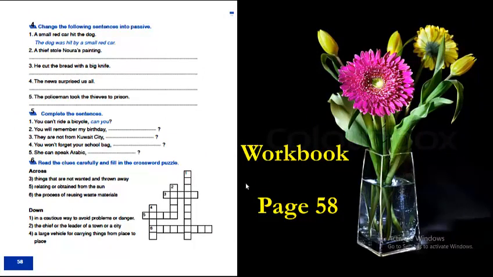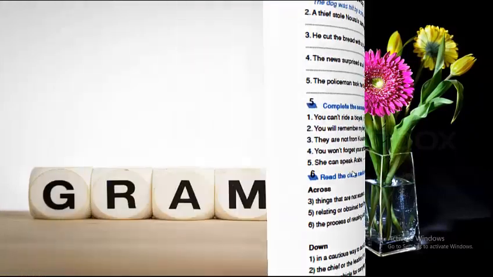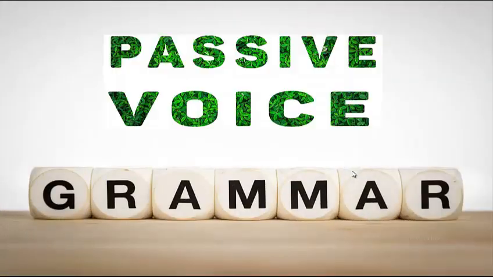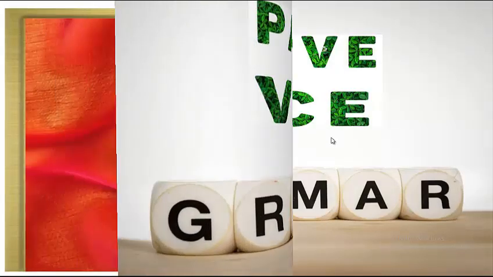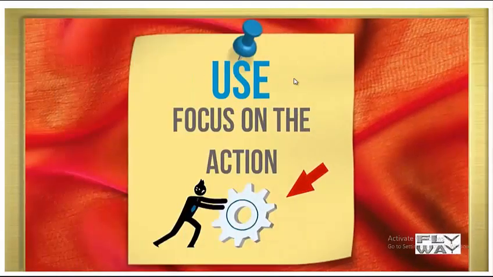Now, my dear students, let's move to your workbook, page 58. Page 58. Do you remember, my dear students, passive voice? Let's revise passive voice before answering the exercise. As we said, my dear students, in passive voice, the focus is on the action.